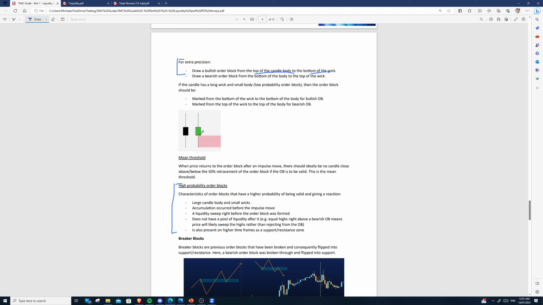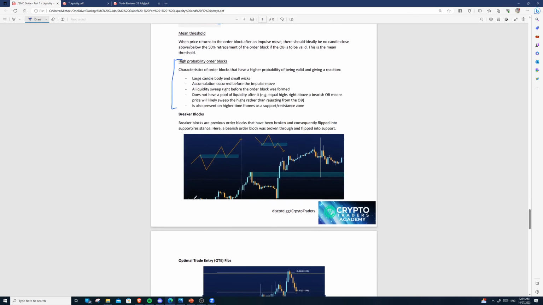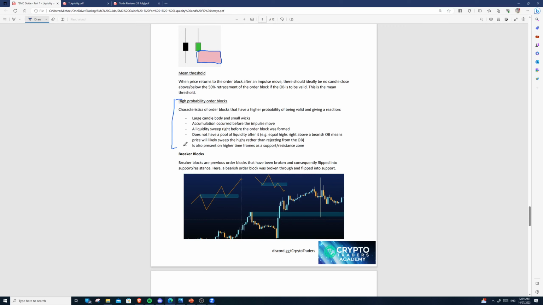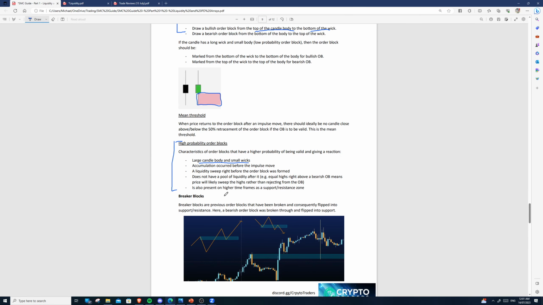If it's a low probability order block, as in there is a large wick on either side, draw the order block based on the bottom of the wick to the top of the wick, right below the candle body. A few things to understand in terms of higher probability order blocks. Look for large candle bodies and small wicks.